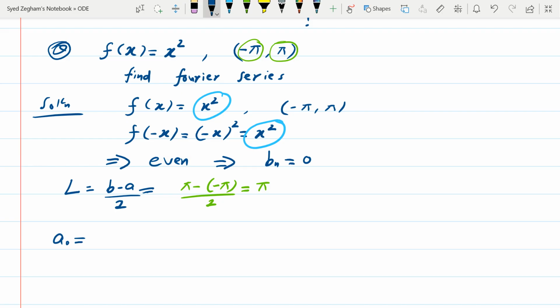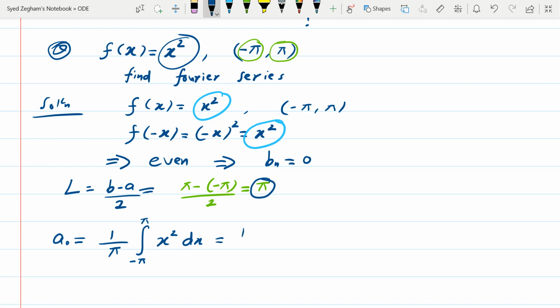What is the formula? 1 divided by L, that is pi, so 1 over pi, integral from a to b, that is minus pi to plus pi, of f(x). My function is x square, so x square dx.